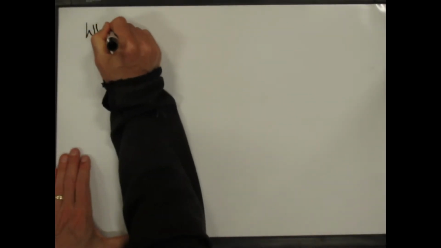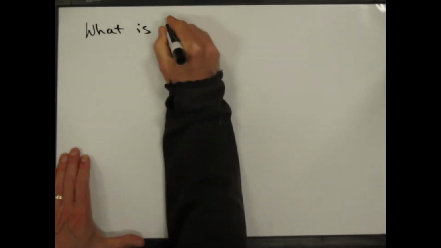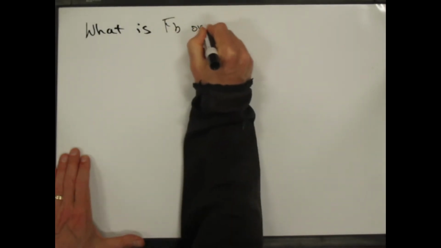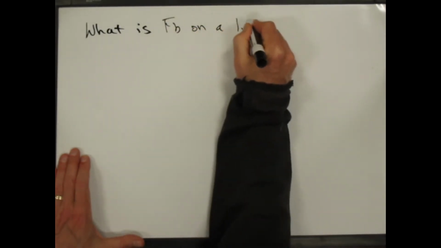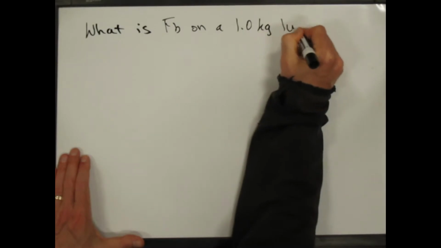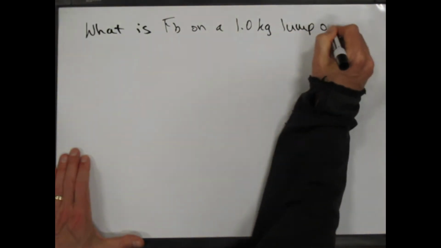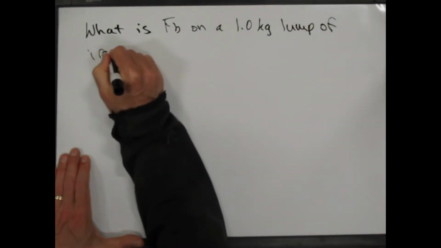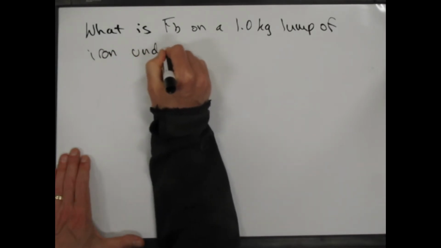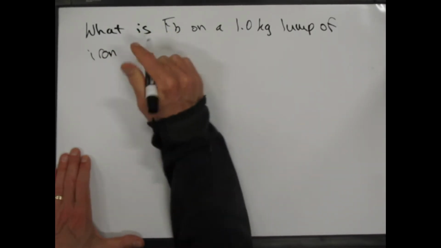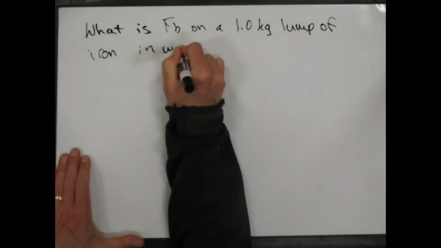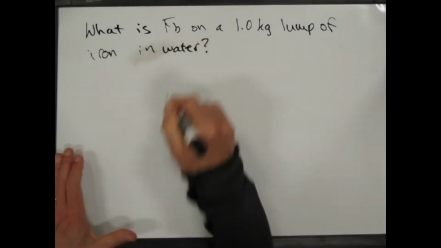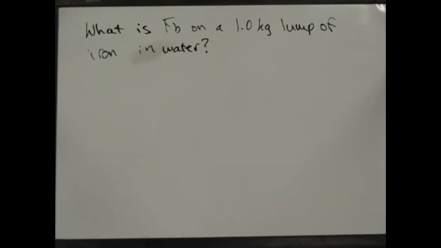So in the spirit of that problem, what is the buoyant force on a 1 kilogram lump of iron submerged in water?